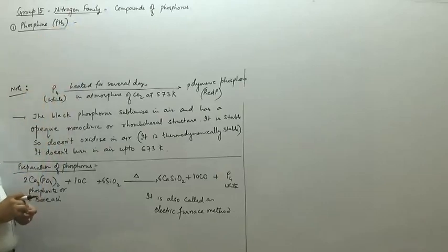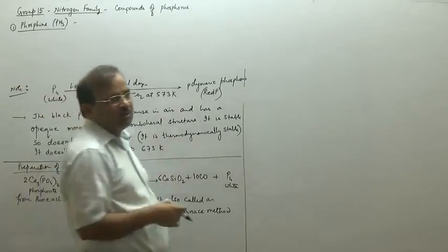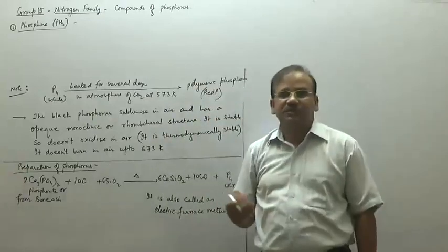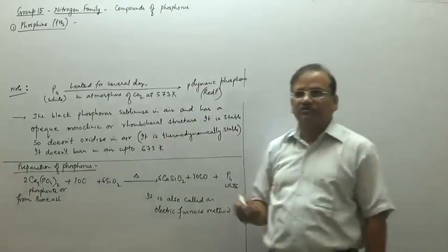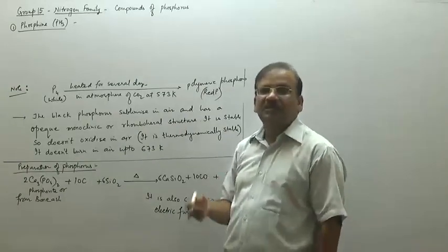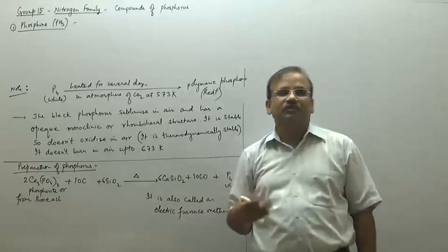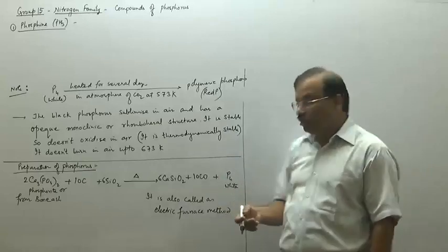Now we have to write the preparation methods for phosphine. Generally it is formed from the hydrolysis of calcium phosphide, which exists in nature, or by reacting calcium phosphide with an acid like HCl; then also we get phosphine. The lab method I have already told you.